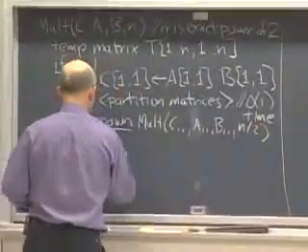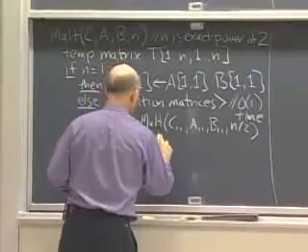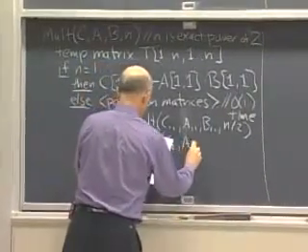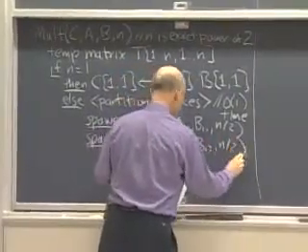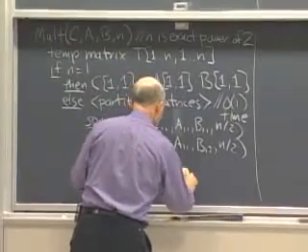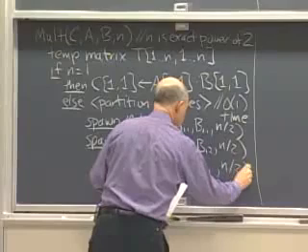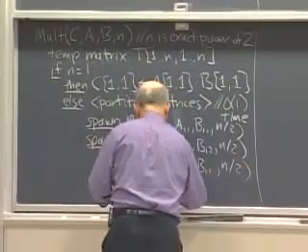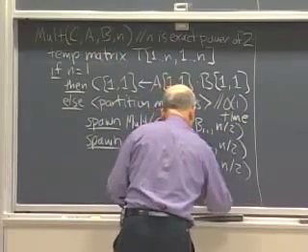And spawn, continue, C21 gets A21, B11, and C22 gets A21.